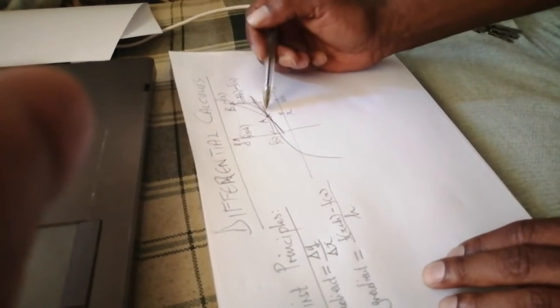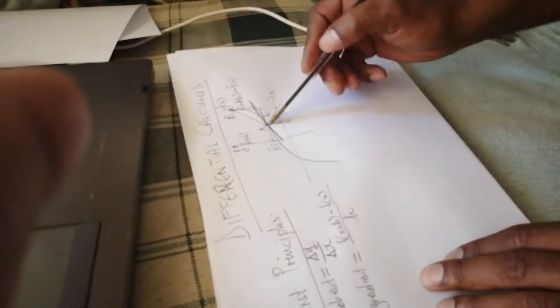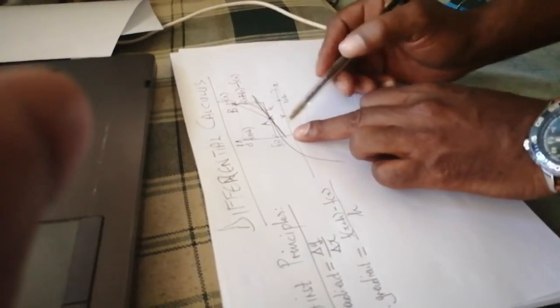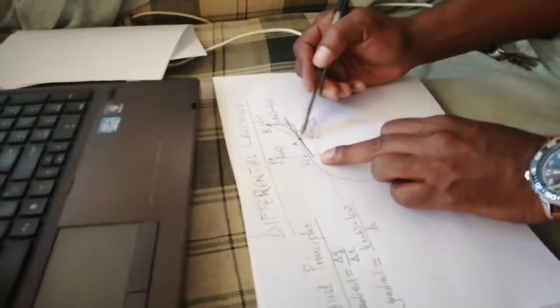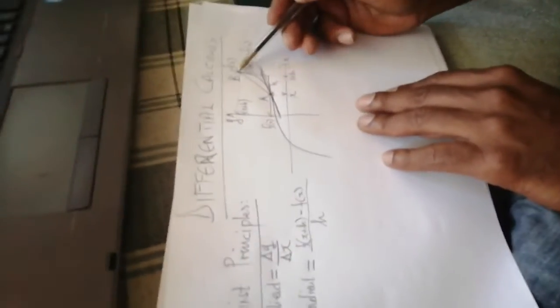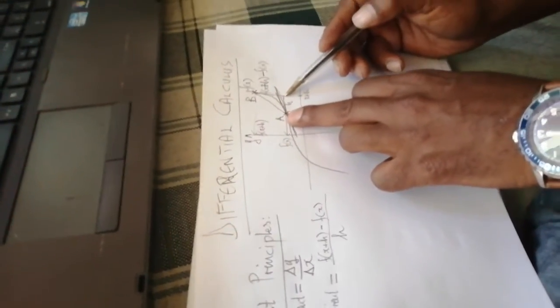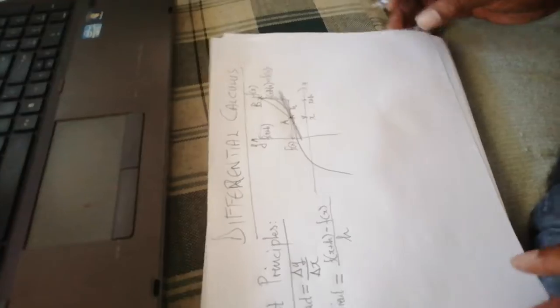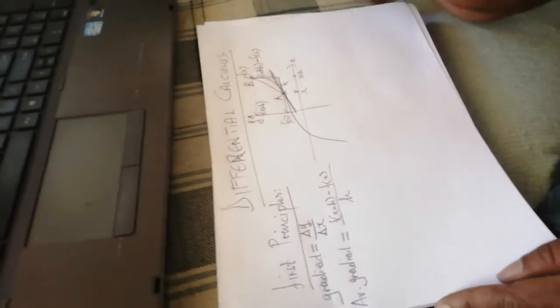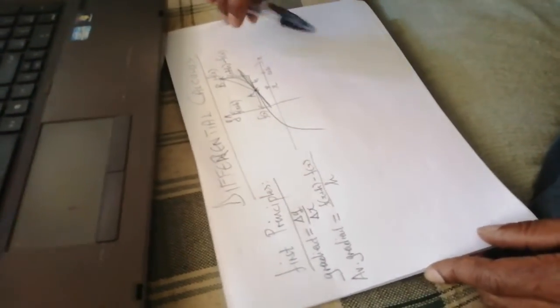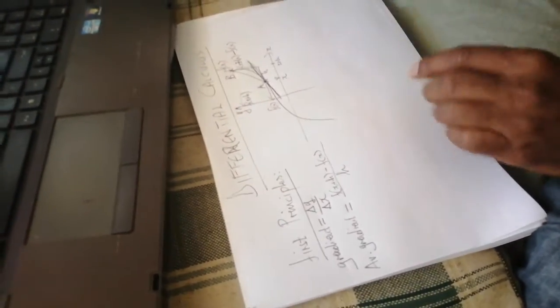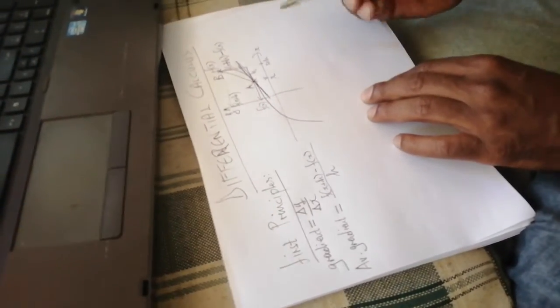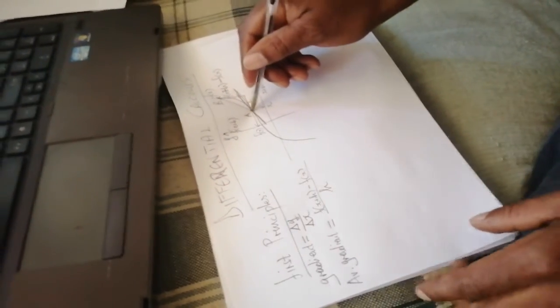And to find the gradient at this point, which is the gradient of that tangent, it means that we can start from the secant and keep on reducing the value of h such that h goes to 0. That process is known as the limiting process, and it actually gives you the gradient at this particular point here, A.